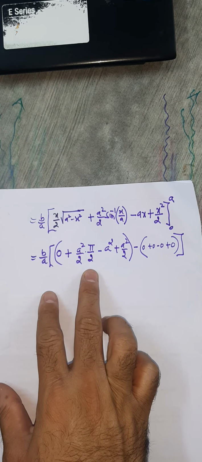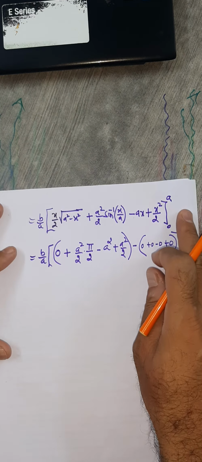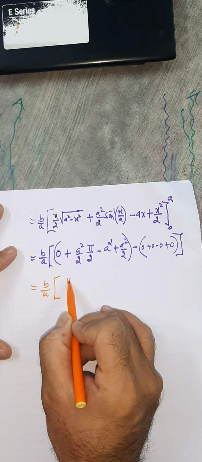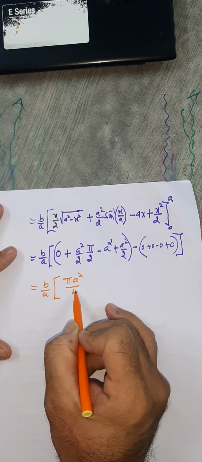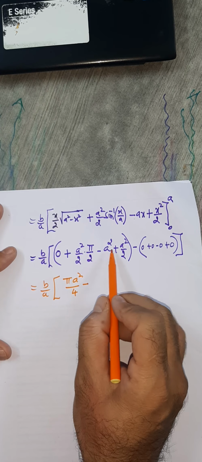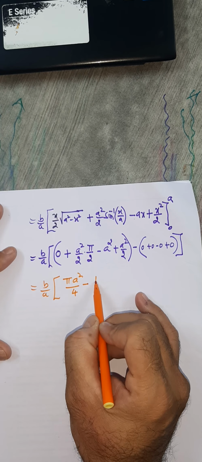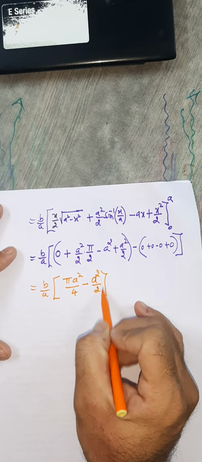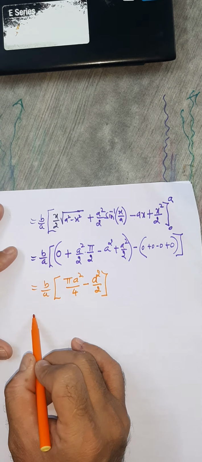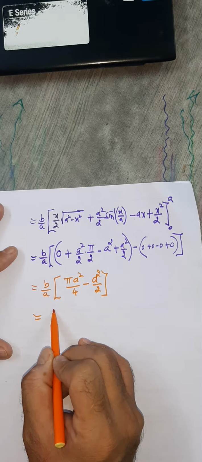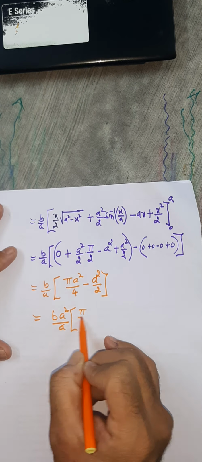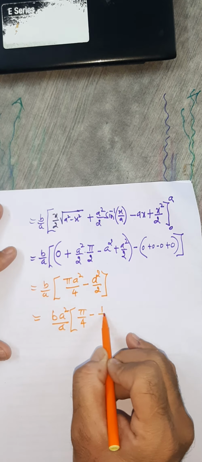Okay, now let's simplify. We are just simplifying this. So b by a as it is here. This is pi a squared by 4 minus, here you are left with a squared by 2 again, minus 2a squared plus a squared. You can find a squared common, so pi a squared by 4 minus a squared by 2 gives a squared times (pi by 4 minus 1 by 2).